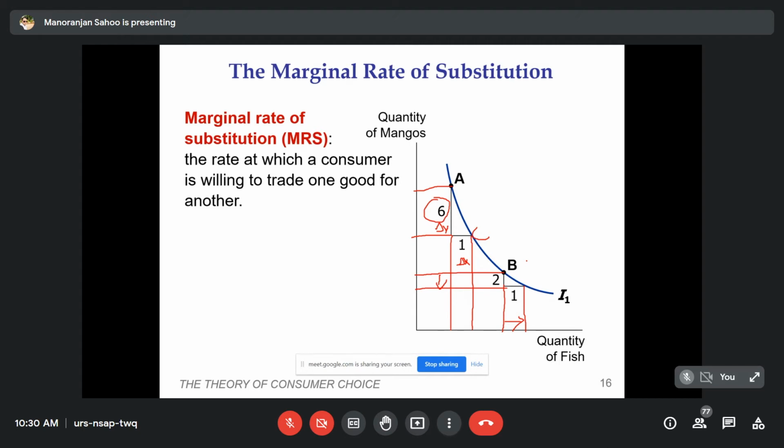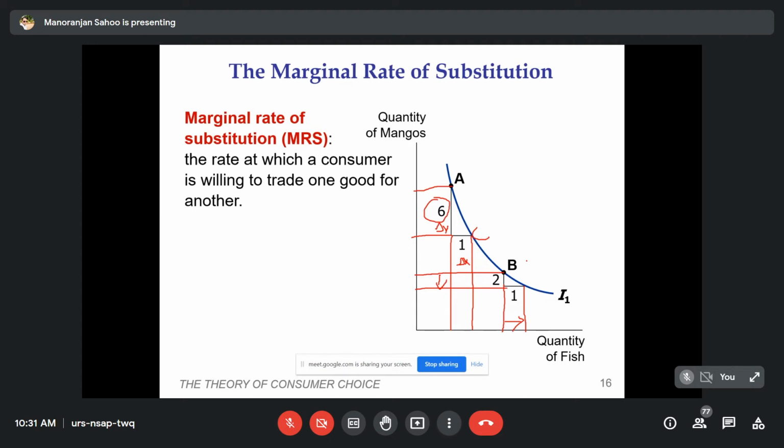Whether the indifference curve is convex to the origin or not, you will say convex to origin. Why is it convex to origin? Because of diminishing marginal rate of substitution, or because of the diminishing slope of the indifference curve. Because the slope of the indifference curve is not constant.